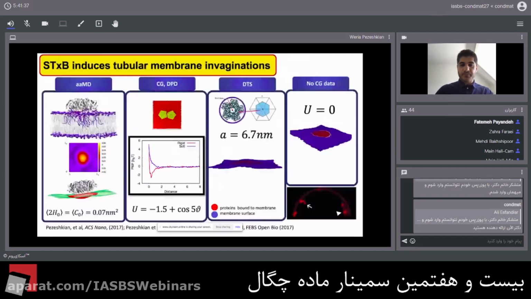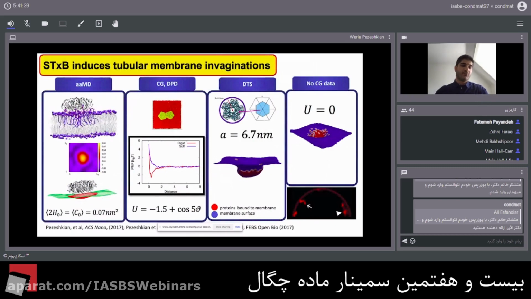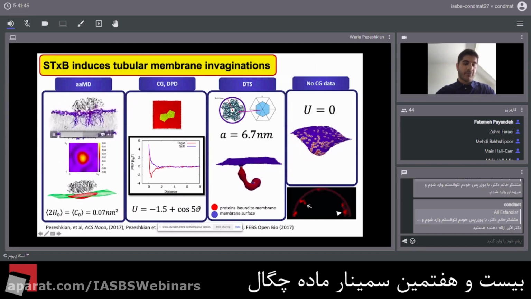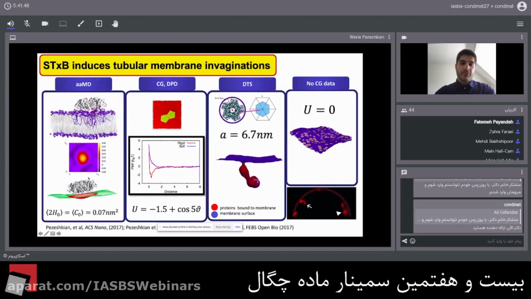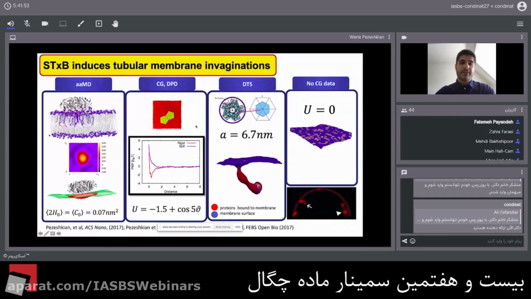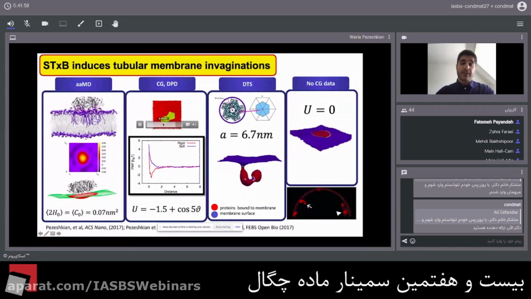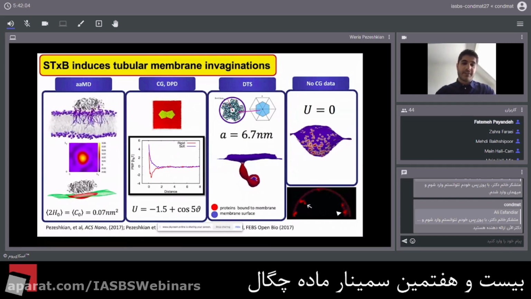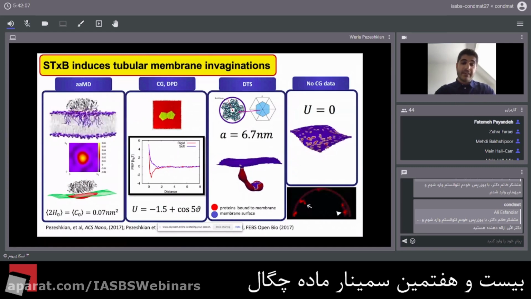And so we ran multi-scale simulations, using all-atom molecular dynamics. We find the curvature, for example, and the mechanical changes in the membrane. Then we run DPD, not the Martini model, but DPD simulation, to investigate how these two proteins cluster. And it's very interesting. Our conclusion, based on experiment and simulation, was that this is a thermal Casimir-like force.